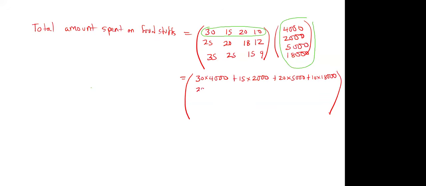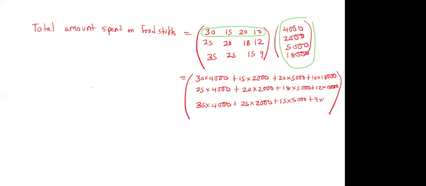I'll have 25 times the 4,000 plus 20 times the 2,000 plus 18 times the 5,000 plus 12 times the 18,000. I go to the next one: 35 times the 4,000 plus 25 times the 2,000 plus 15 times the 5,000 plus 9 times 18,000.